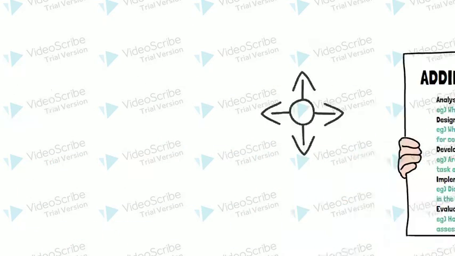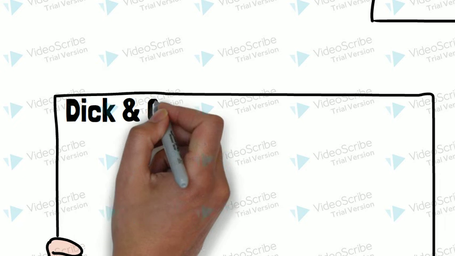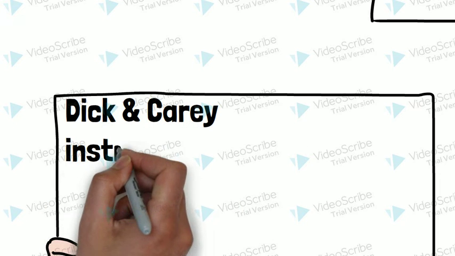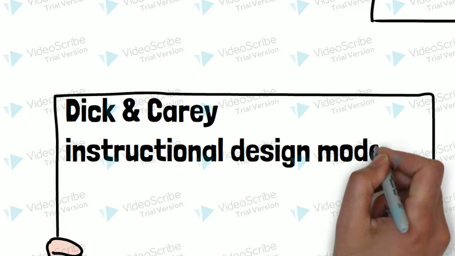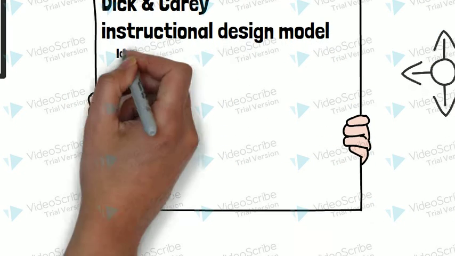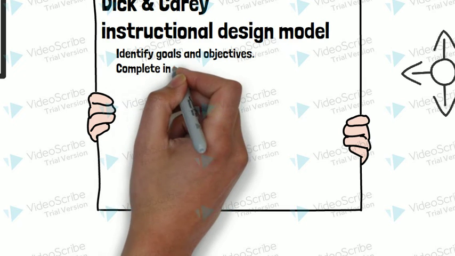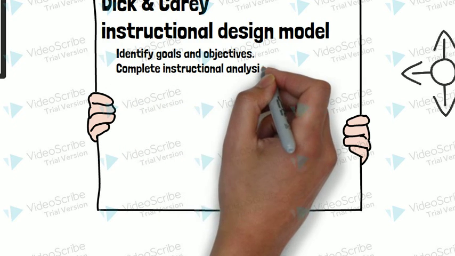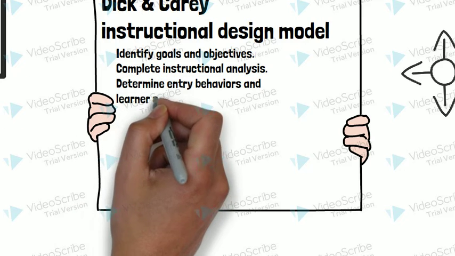And then we have another model, called the Dick and Carey Instructional Design model. The Dick and Carey model is a nine-step process for planning and designing effective learning initiatives. It includes all five stages of the ADDIE model, but adds further depth and structure as well.